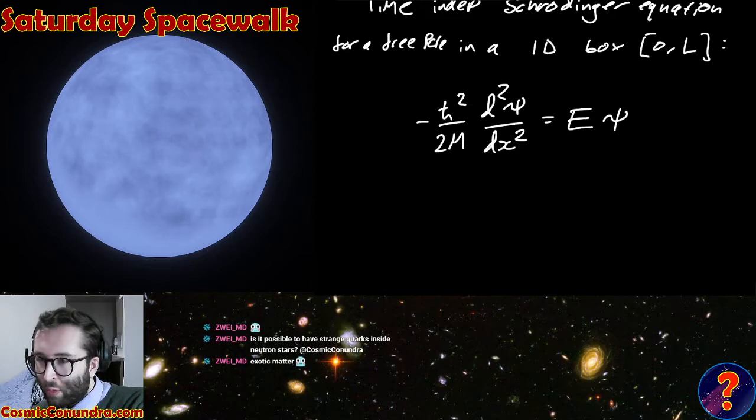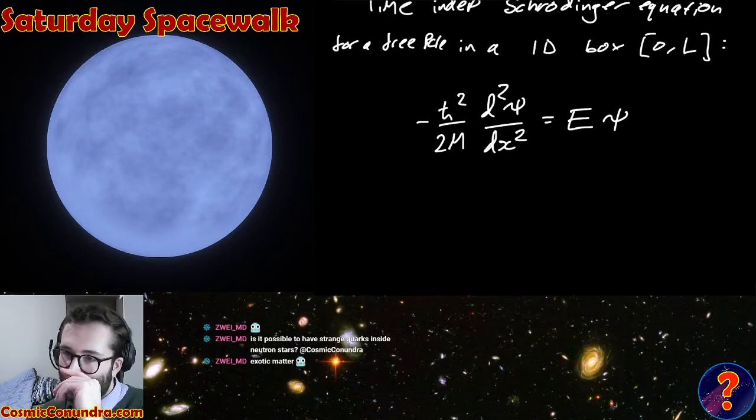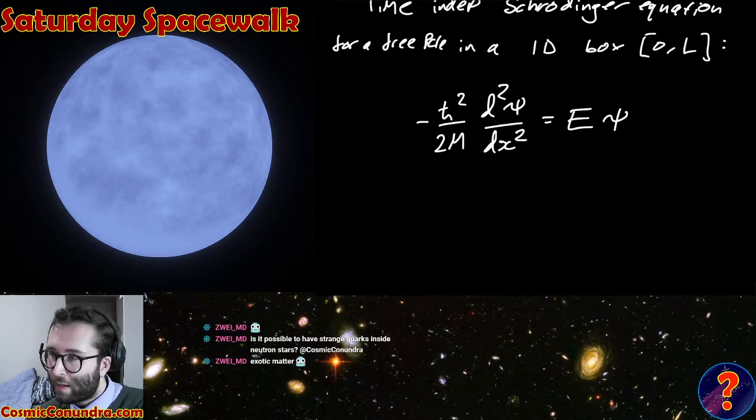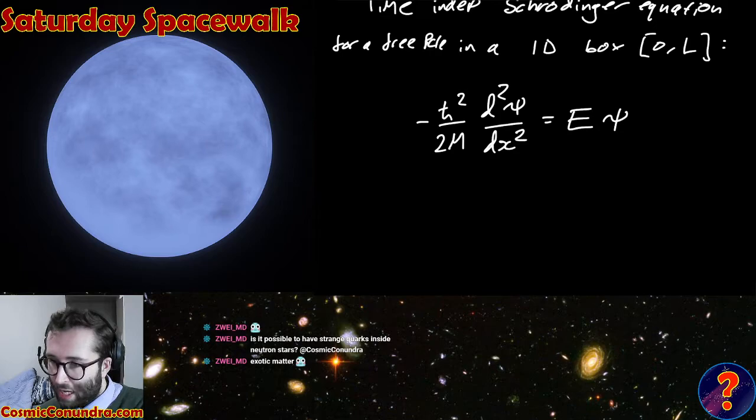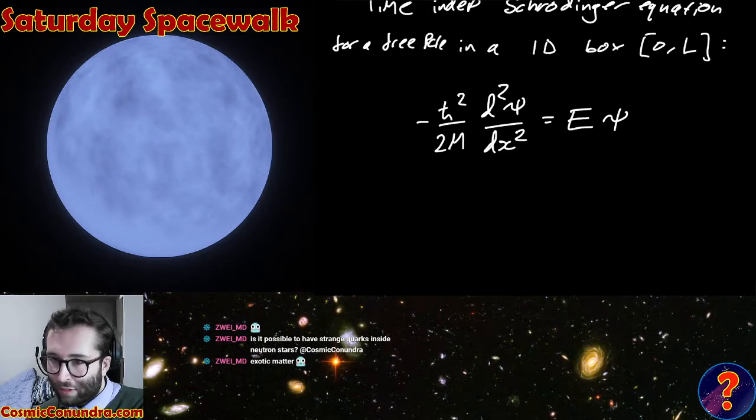I think doing those calculations involving quark stars, these even more exotic kinds of stars, gets very complicated. The quantum mechanics we're doing is fairly straightforward for white dwarfs, because we're just thinking about degenerate electrons, and degenerate electrons are pretty straightforward to deal with.